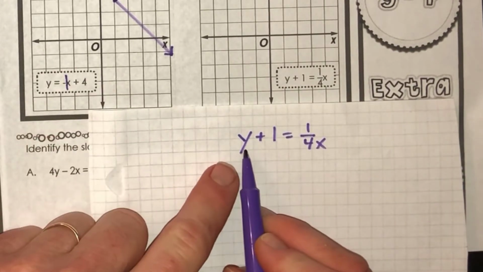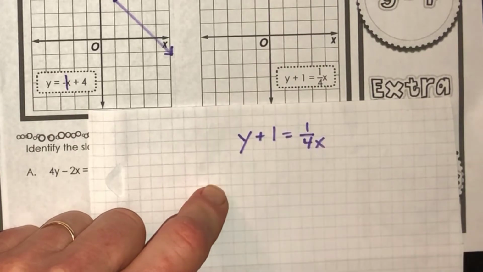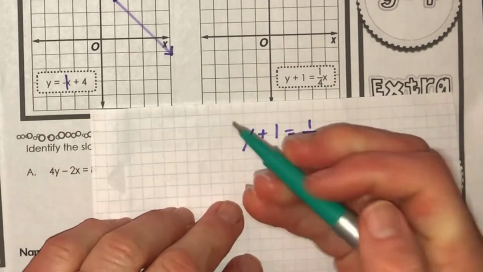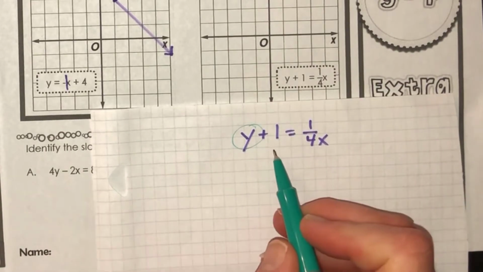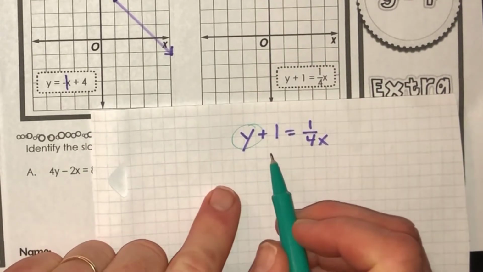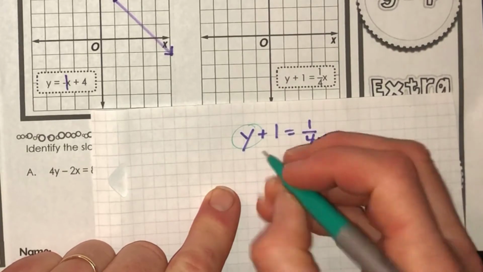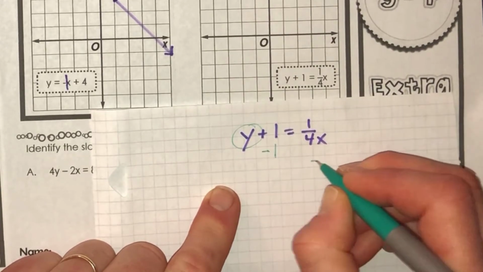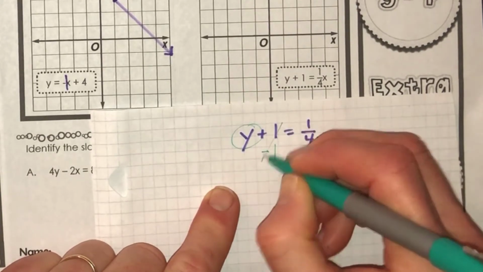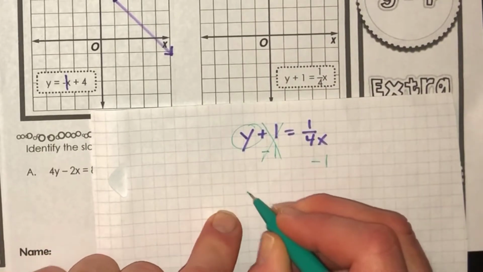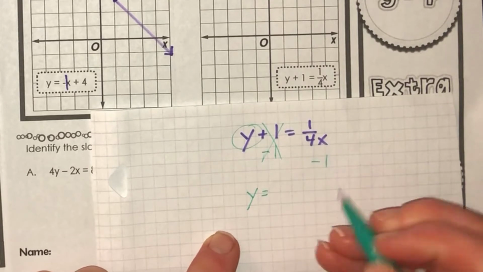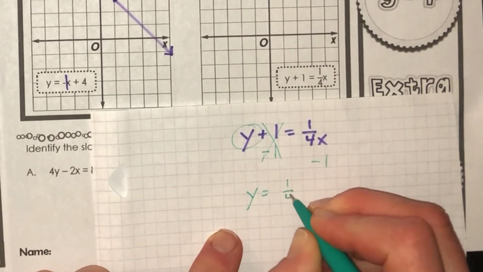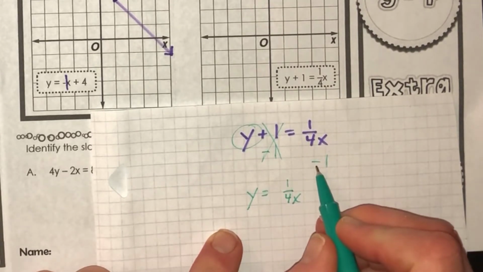Remember, we need it to be y equals. We need to have y all by itself. But right now, we have that 1 with it. So to get rid of that 1, we'll do the opposite. We'll take away 1 from both sides. That cancels out. So we're left with y equals 1/4 x minus 1.